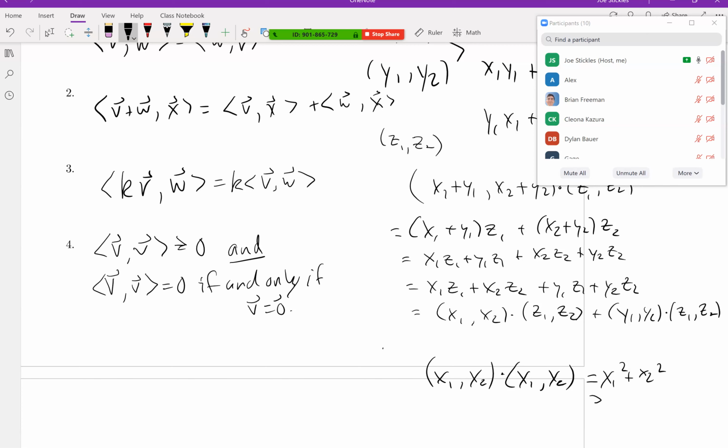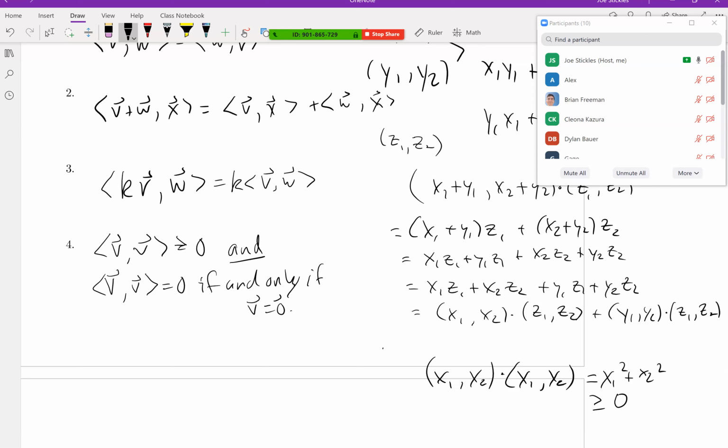And certainly, if we're talking about real numbers here for our vector components, that's always greater than or equal to 0. And even more so, the only way that I can add two things together that are non-negative and get 0 is if both of them were 0 to start with. Well, if both of these were 0 to start with, then I must have started with the 0 vector. Okay, so that's what this second property says.